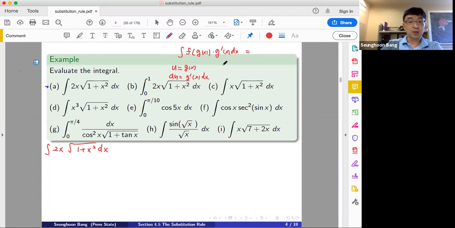So you can substitute u into here, integral f of u du. You have to decide u. What do you think? Could you write your answer on the chatting board? What is u? Do you have any idea?